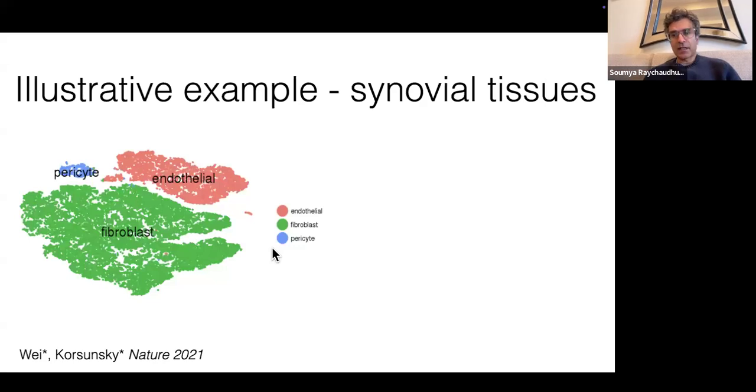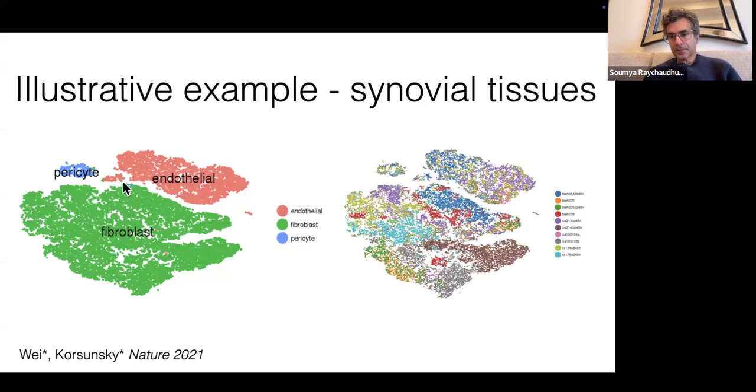And this is work that we've done over the years with Ilya Korsunsky and others in the lab. This work started when we started looking at synovial tissue fibroblast data sets. And you can apply standard single cell analysis strategies. You can cluster your major cell types: fibroblasts, endothelial cells, pericytes. And that looked very encouraging.